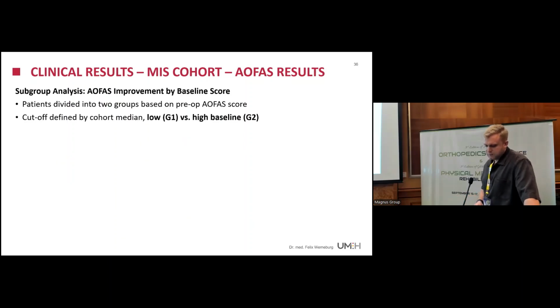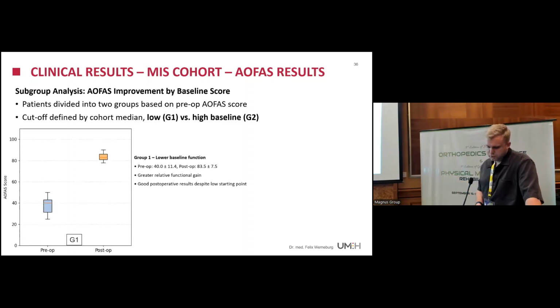We then did a subgroup analysis to show whether patients benefit from this surgical procedure if they have a low baseline or a high baseline score, depending on the AOFAS score. We divided our patients into two groups. Group one was with the low AOFAS baseline score, and group two was the group with the high baseline score.